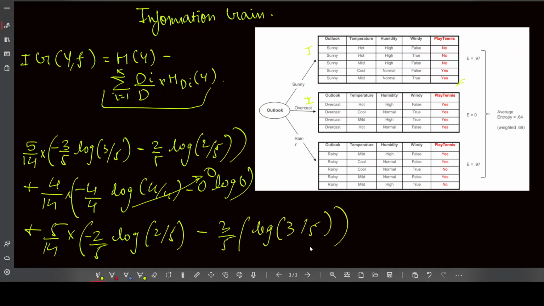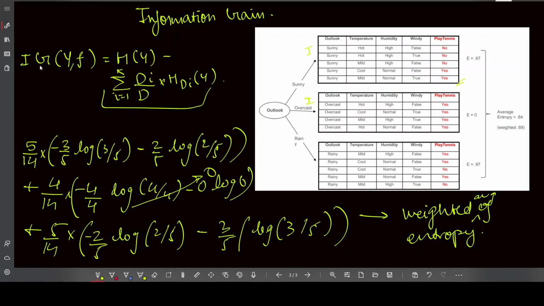So if you look, this is what this formula basically is. Okay, and if you look at it closely, this is basically like a weighted average of the entropy for each feature, right?